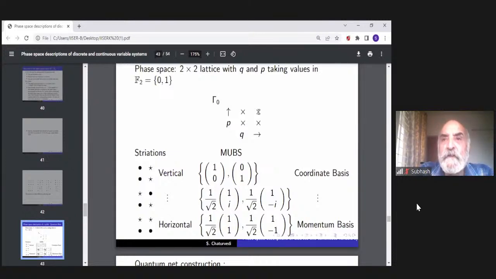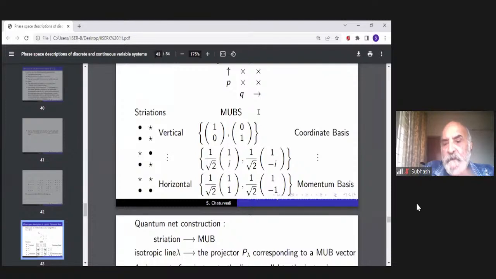So this is the overall construction, but it relies heavily on the availability of mutually unbiased bases, which are then used to associate projectors with the lines in the phase space, and through that one constructs the phase point operators.